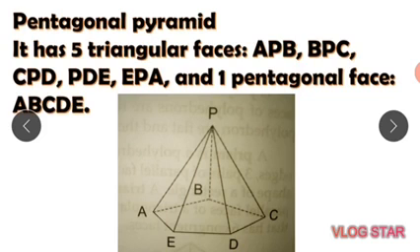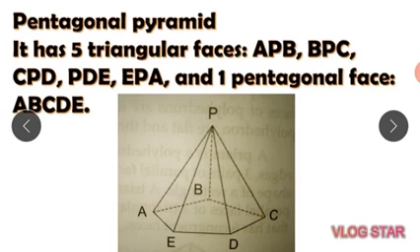So next is a pentagonal pyramid. Let's identify the faces, edges, and vertices. Let's start with the triangular faces. First is triangle APB, triangle BPC.